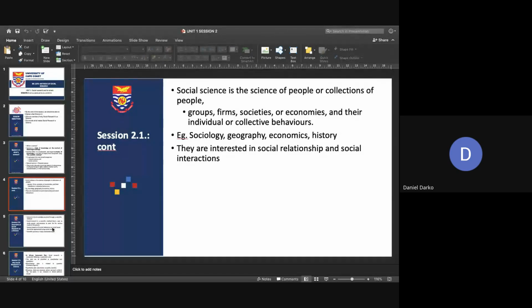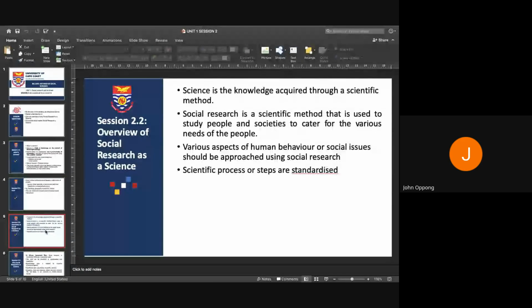So social science and the natural sciences are two different sciences. But sometimes you see natural science conducting research, and the physical sciences doing some research over there.